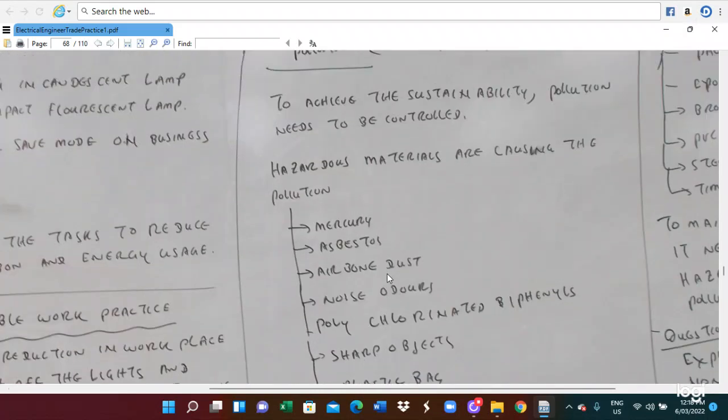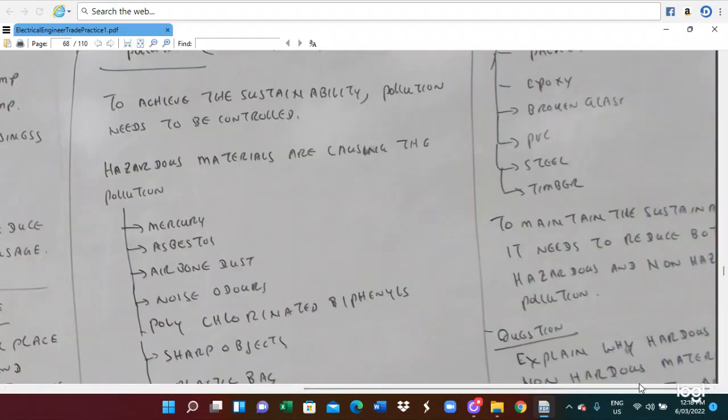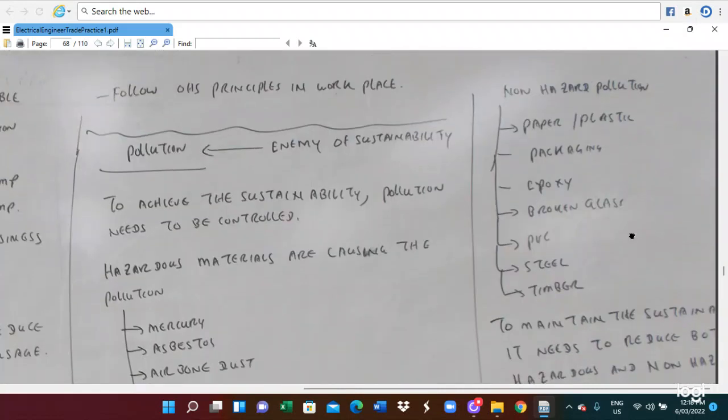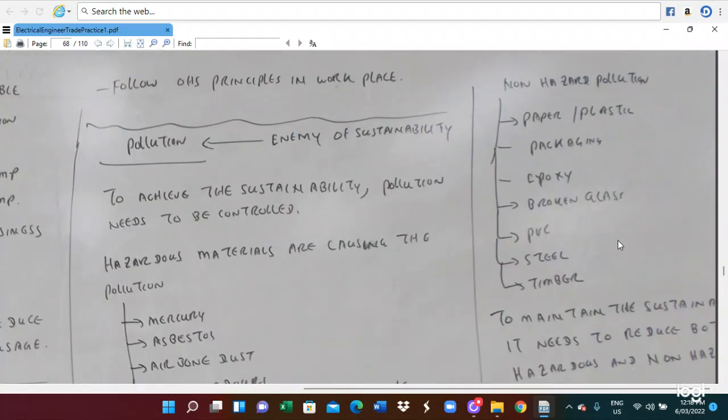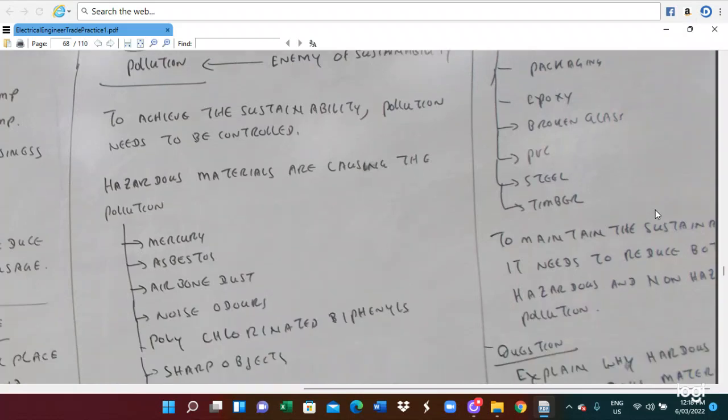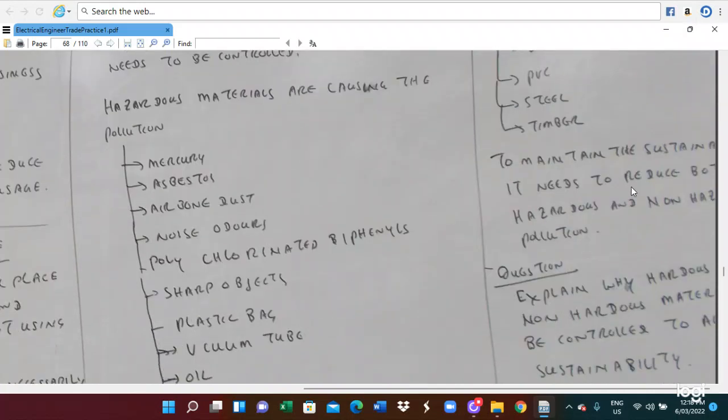Those are the components of the hazardous materials. And non-hazardous pollutants are paper, plastic, packaging, epoxy, biogas, PVC, timber, steel.